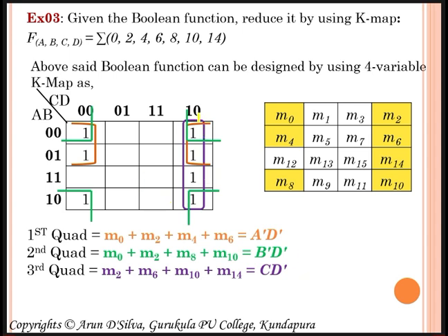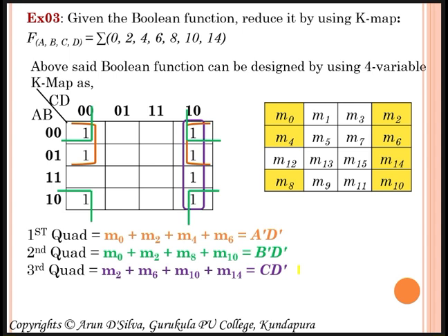Now this quad belongs to a single column and all the four rows are involved. That means AB value will change here, okay, so no need of considering AB variable at all. But if you look here column side, C and D value will remain same. C value is 1 and D value is 0.